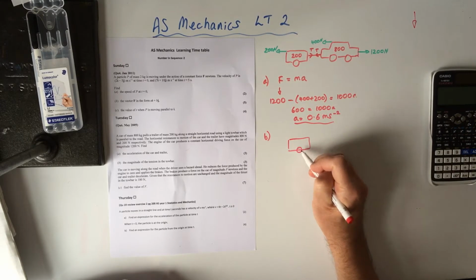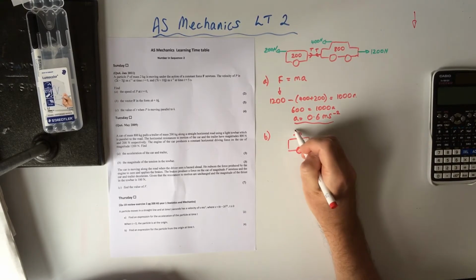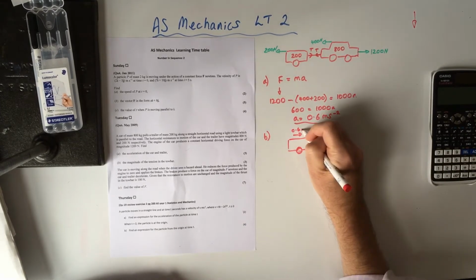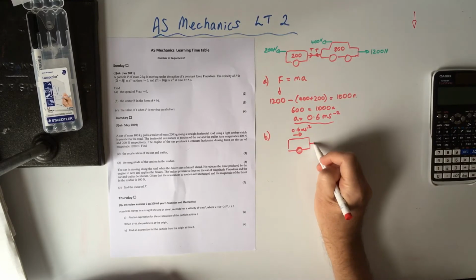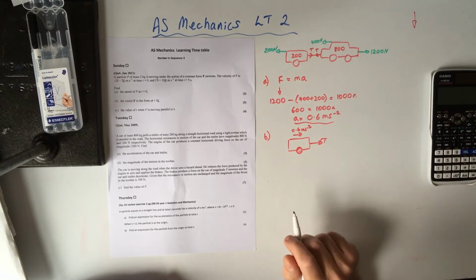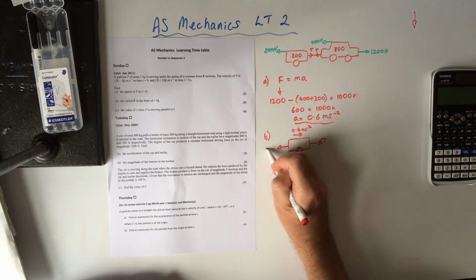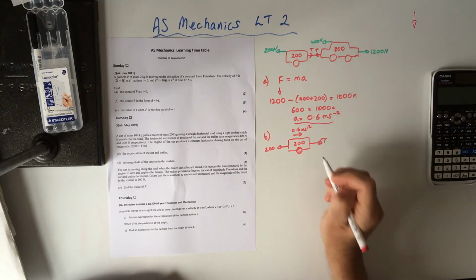If you just take the trailer alone, we now know that the acceleration of that trailer, same as the car, is 0.6 in that direction, meters per second to the minus 2. I've got it there. And it's being pulled along by a tension of T, the tow bar, and it's got resistance forces of 200, and it weighs, of course, 200.